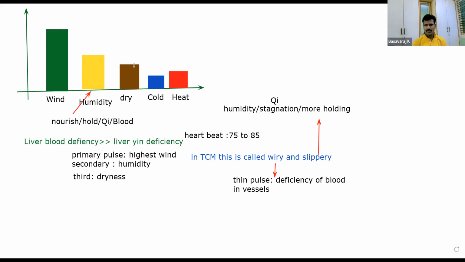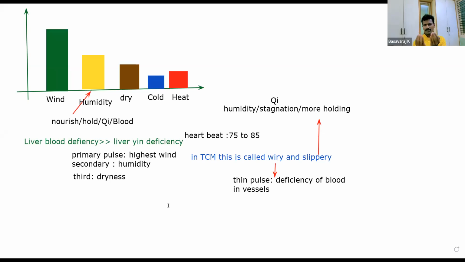Is it understandable? Any further explanation required on the liver blood deficiency leading to liver insufficiency? That is creating the empty heat. That empty heat may make you have giddiness, eye blurriness, headache, neck pain, or skin dryness.